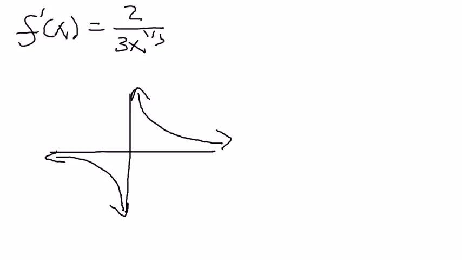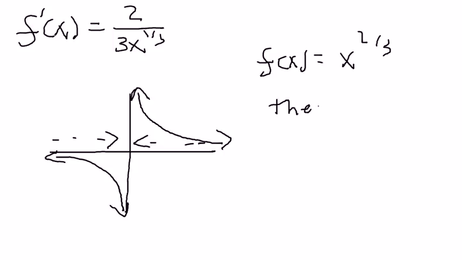Now, as x approaches 0 from the left-hand side, it's going to negative infinity, but as x approaches 0 from the right-hand side, it's going to positive infinity. So we would say that if f of x equals x to the 2/3, there is a cusp at x equals 0.